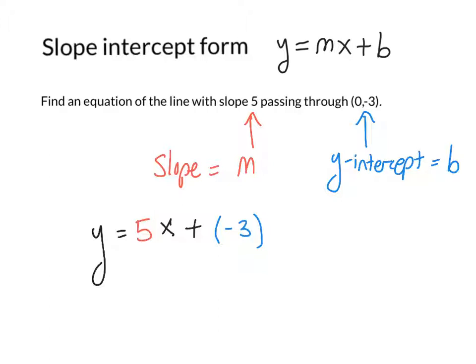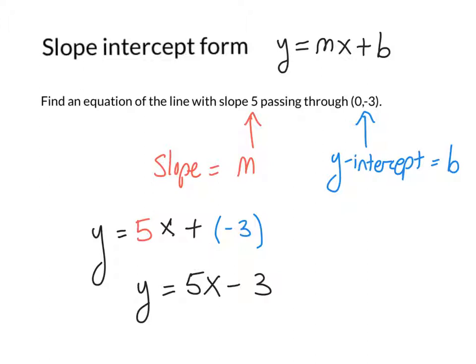So if I look at this, y equals mx plus b, 5 times x plus negative 3, well, I can clean that up a little bit, and I can see that this becomes y equals 5x minus 3. So if I'm given the slope and the y-intercept, then slope-intercept form is a very, very nice way for me to find the equation of a line.